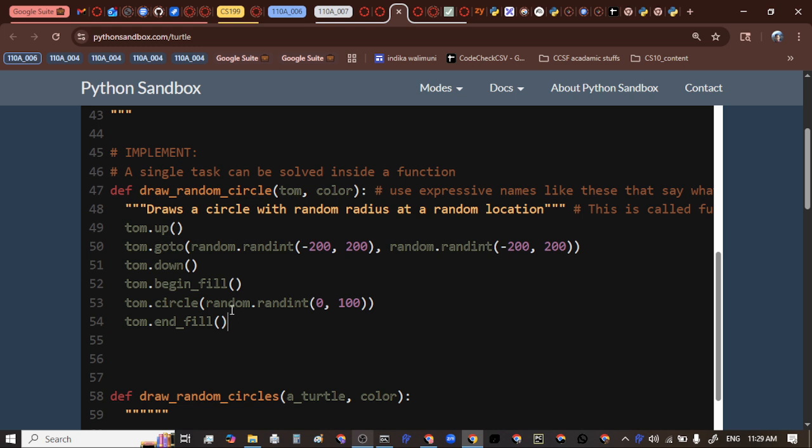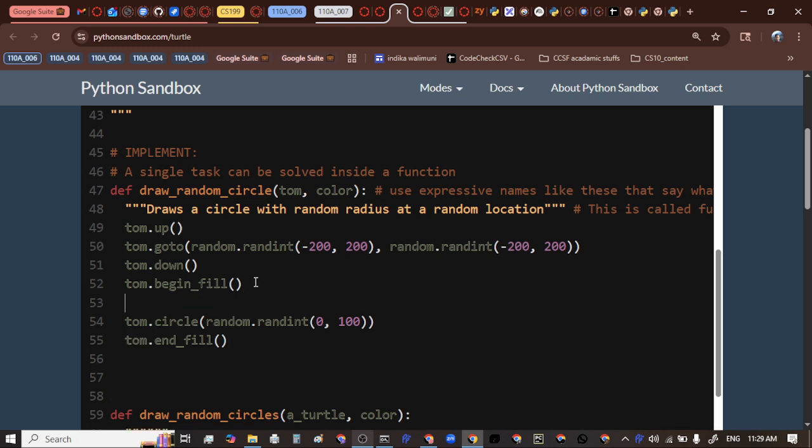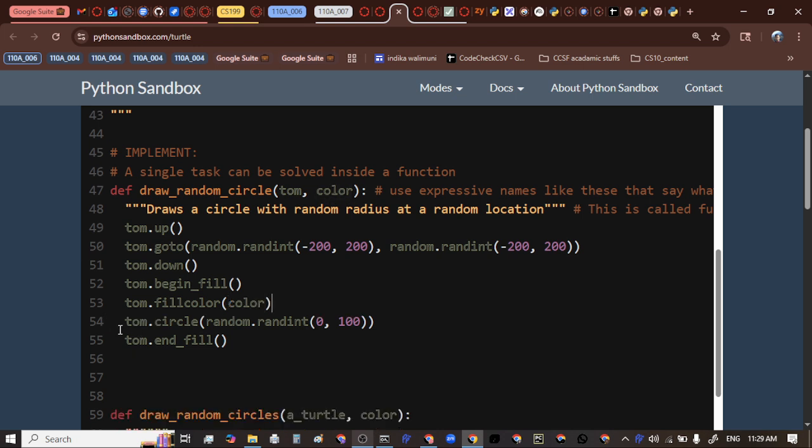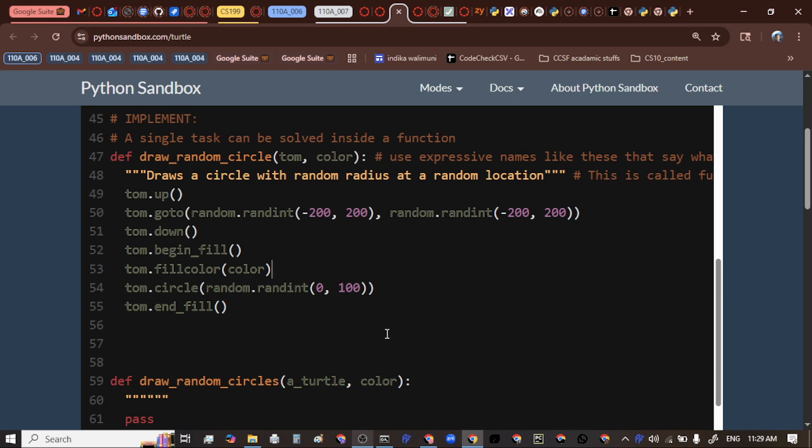And then basically I have to, after this, it should be fill color, right? And that's gonna be the color, right? Okay, all right, that's it. So let's check this one out. I'm gonna leave it like that for you guys to take a look.